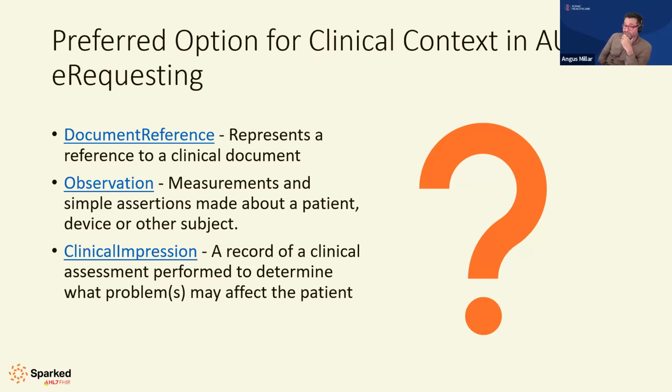It can be text, it can be a comment. In pathology we use observations all over the place for text. And then if you really want to confuse it, you can bring in conditions, and whether you represent something as a condition versus an observation.